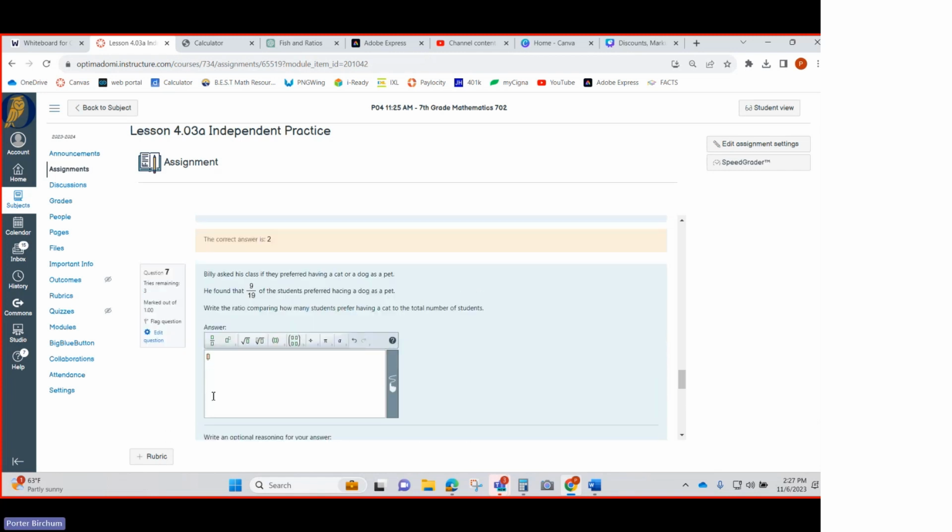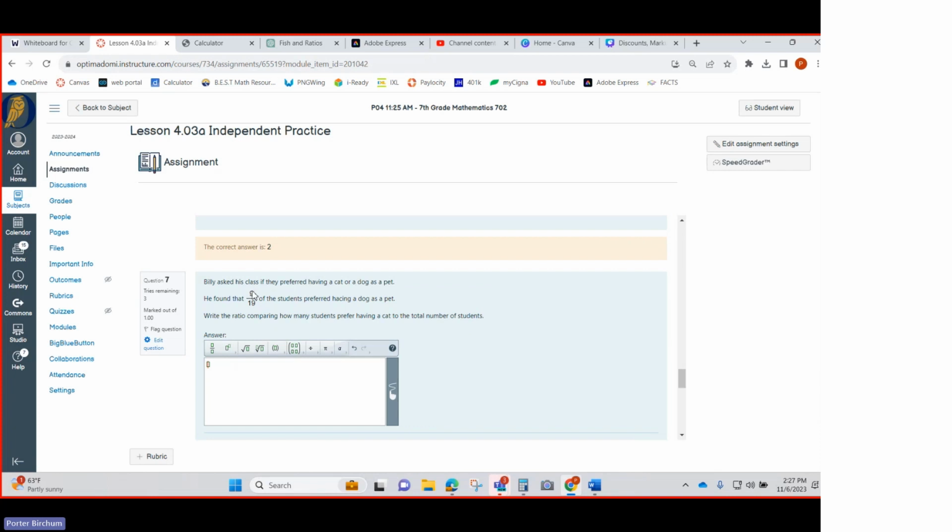Wow. Okay. Billy asked his class if they preferred having a cat or dog as a pet. He found that 9 out of 19 of the students preferred having a dog. Write the ratio comparing how many students prefer having a cat to the total number of students. So cat to total number of students. If 9 out of 19 prefer a dog, how many prefer cat, right?